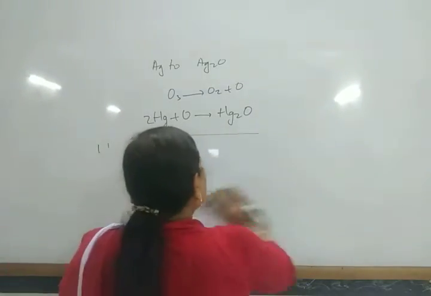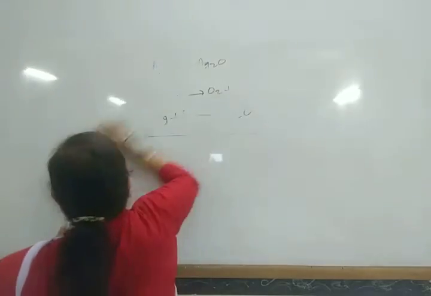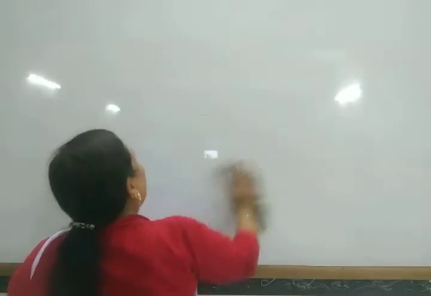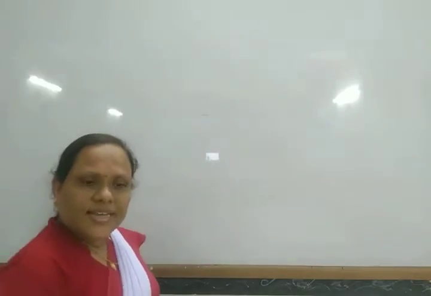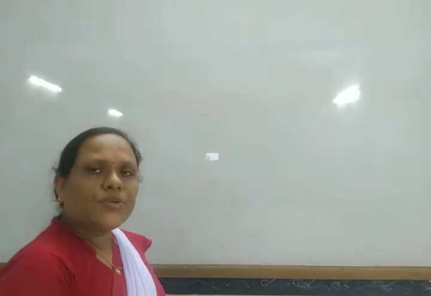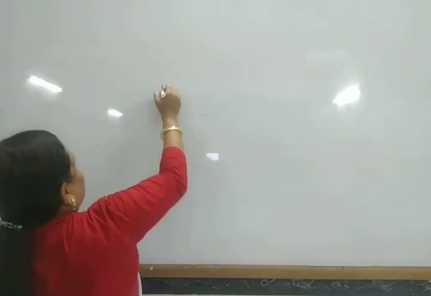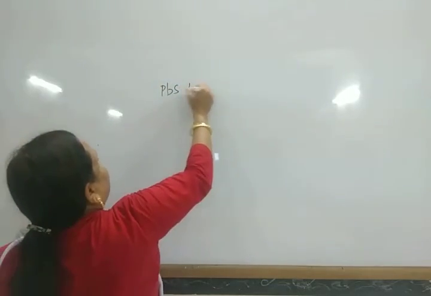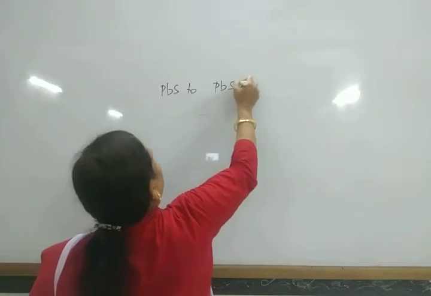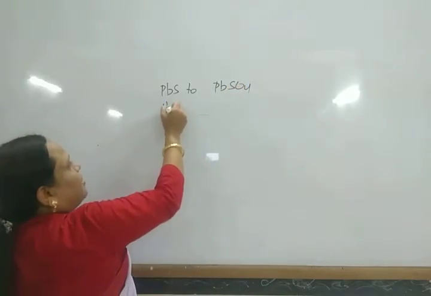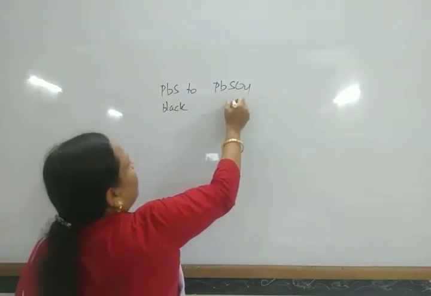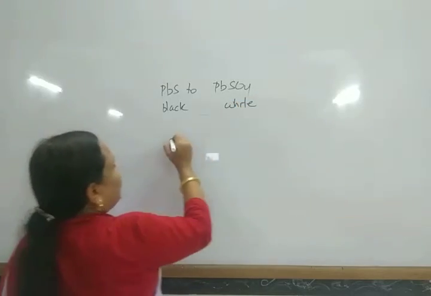Next, it acts as an oxidizing agent. It oxidizes various metals to metal oxides, various non-metals to oxides. So it oxidizes lead sulfide to lead sulfate. This is black in color and this is white in color.